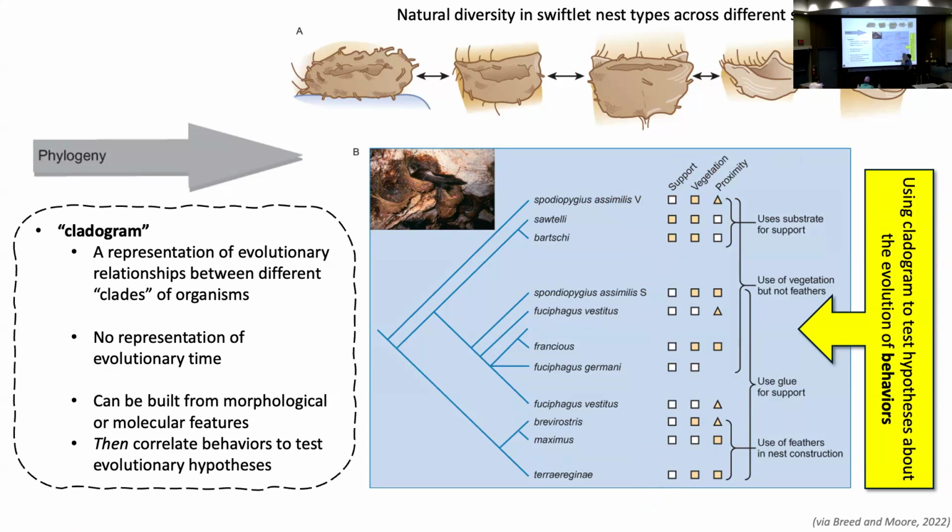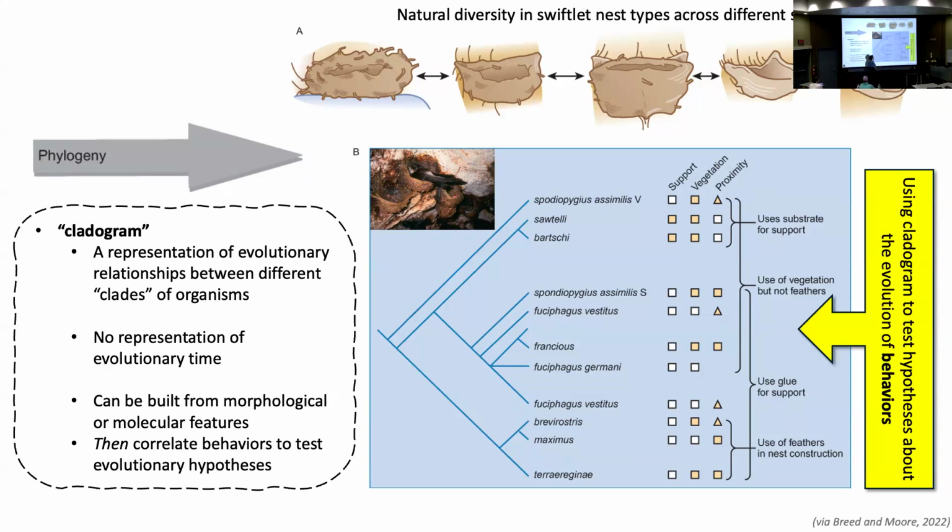And so for each species, you can say their nests tend to look like this, their nests tend to look like this, and so on. And by looking at how the traits cluster and knowing how evolutionarily related the species are, you can start building support for at what point the traits showed up in evolutionary history.